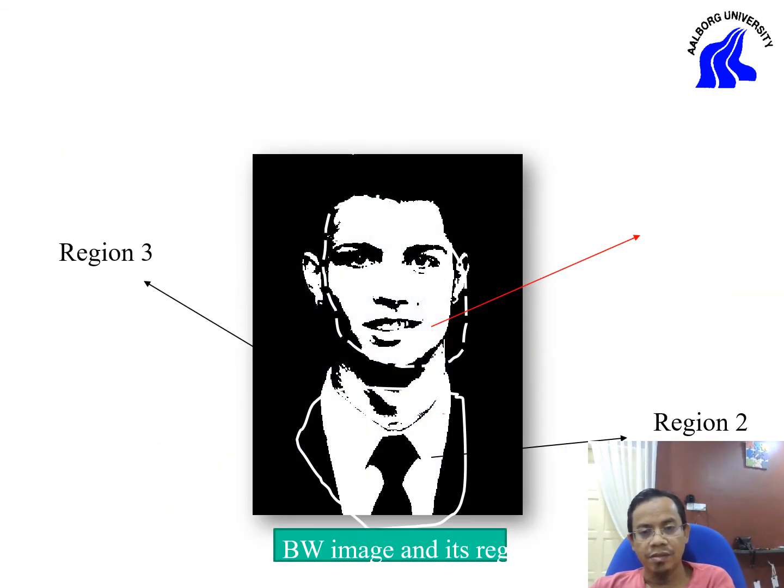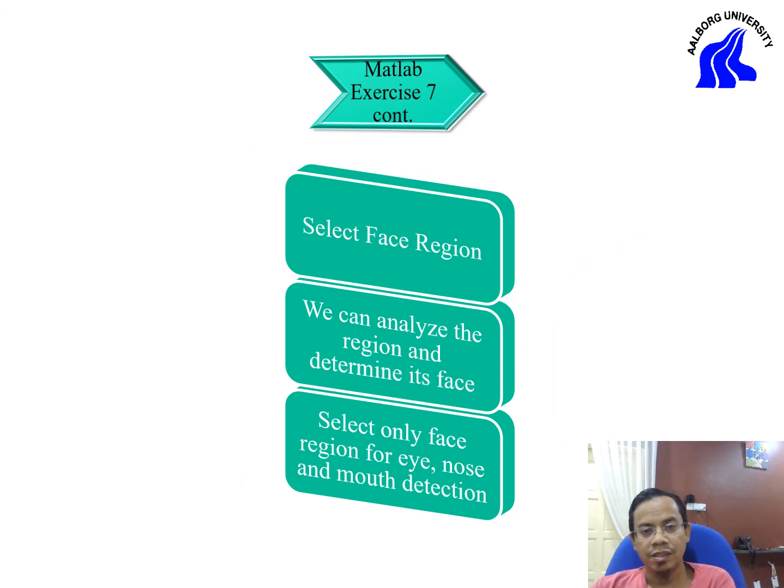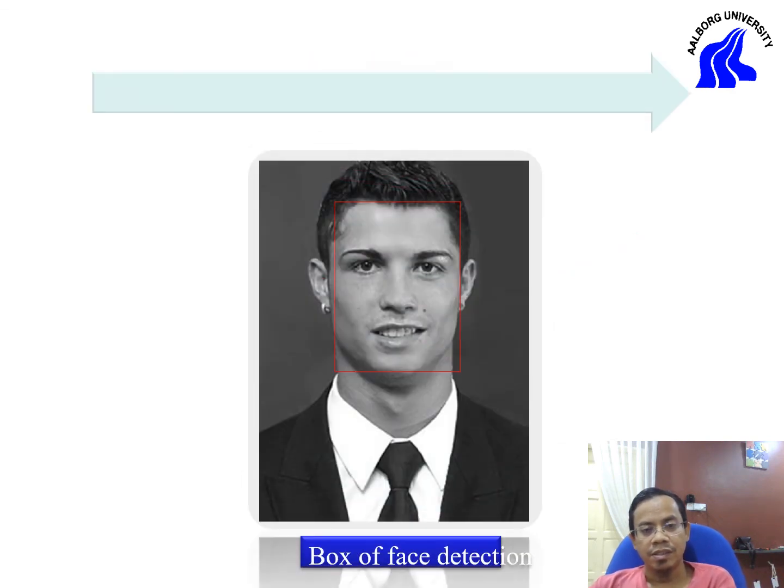Okay, then after conversion, we get three regions, one black and two white, but these two white can also be considered as two different regions, one and two, so based on the regions we can select a face.